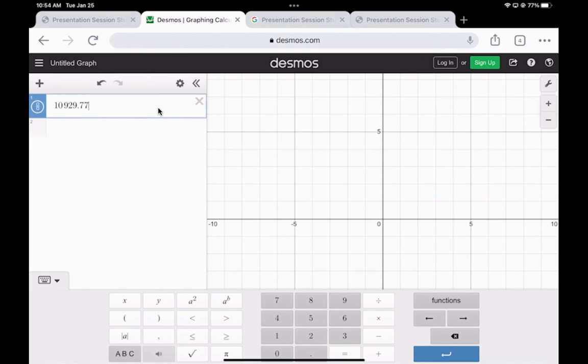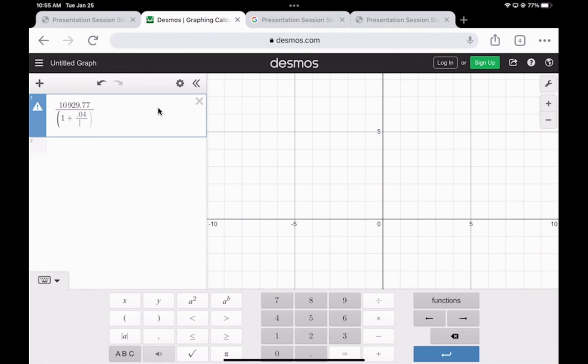To make that a fraction, you just hit divide. Then down here, you type in exactly what you see: parenthesis 1 plus 0.04 divide by 12.